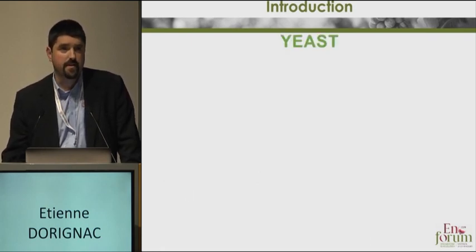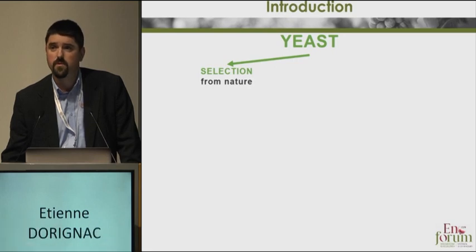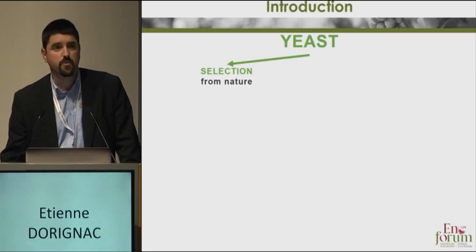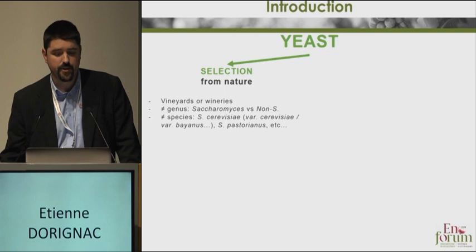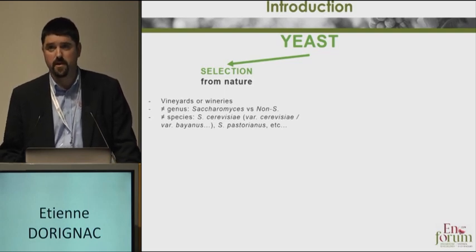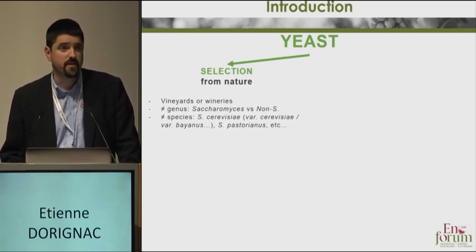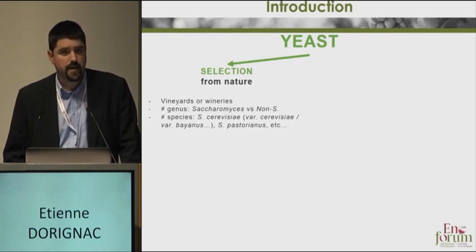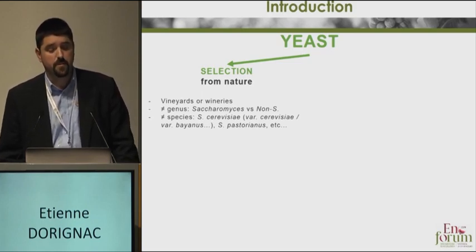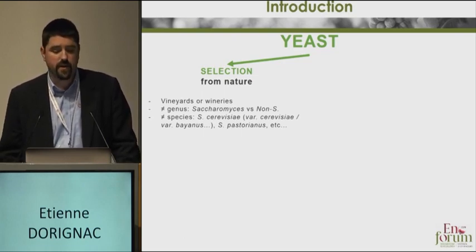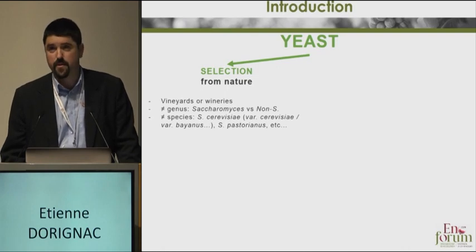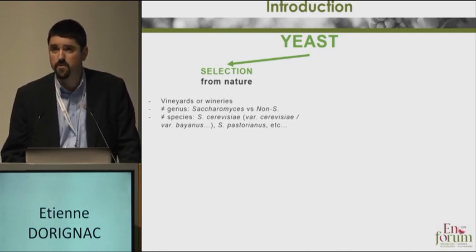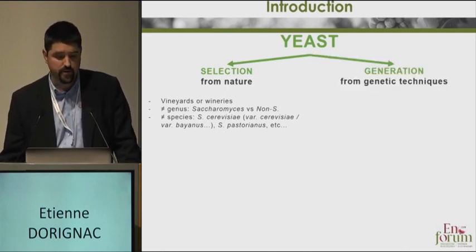The idea is that this yeast can come from two origins. That could be a selection from nature, from vineyards, isolated on berries, on leaves, on soils, or in wineries, and then different genus and different species. Could be Saccharomyces cerevisiae, variety cerevisiae, variety bayanus, Saccharomyces pastorianus, other species we saw during all the conferences.